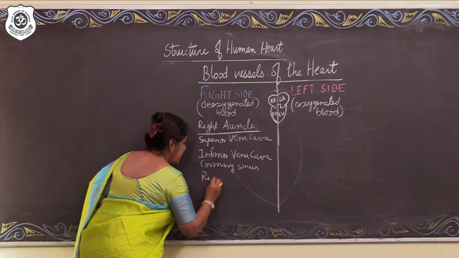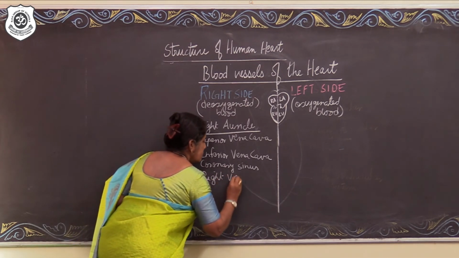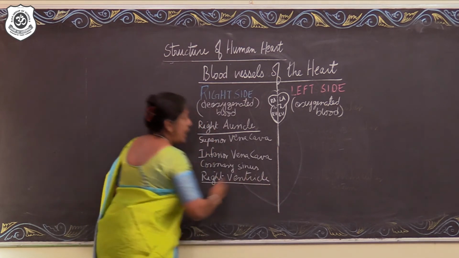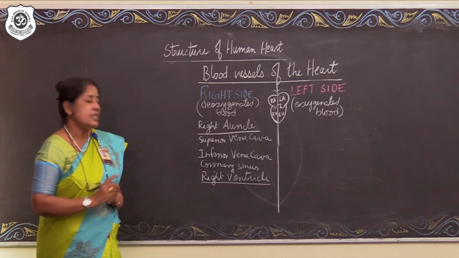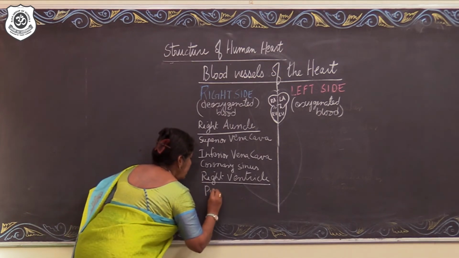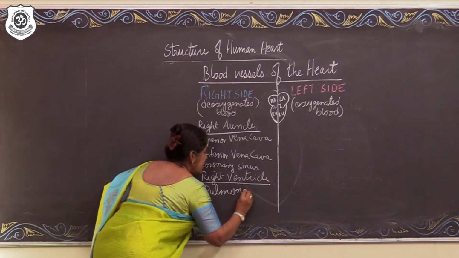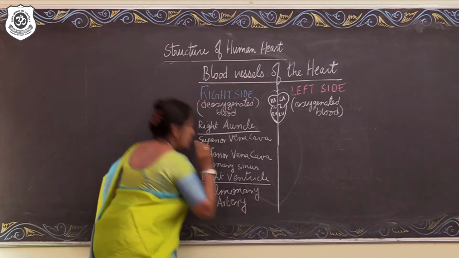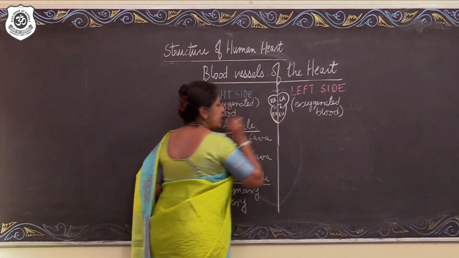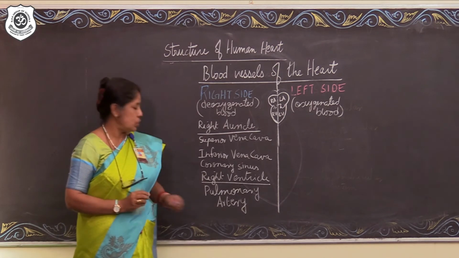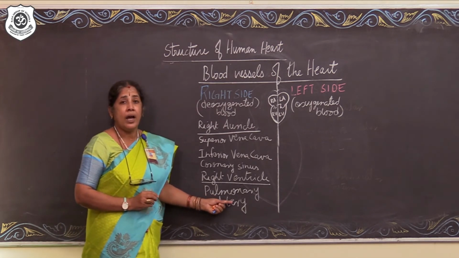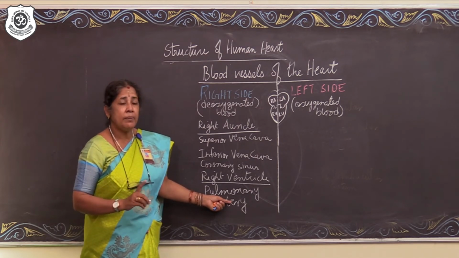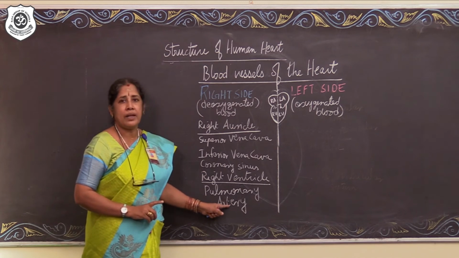Now, arising from the right ventricle, there is a single blood vessel which is called the pulmonary artery. Now, as I told you, all arteries carry oxygenated blood with the exception of the pulmonary artery.